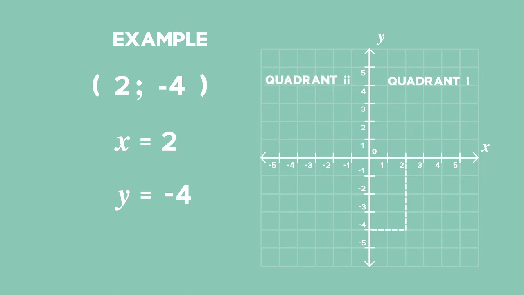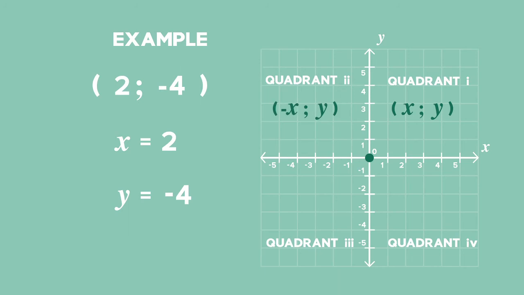You know that you have 4 separate little regions that you can see formed by the intersection of your axes. We know that they intersect at 0 and 0, which is the origin. In the first quadrant, all the x and y values are positive. You then have the second quadrant where x is negative and y is positive.